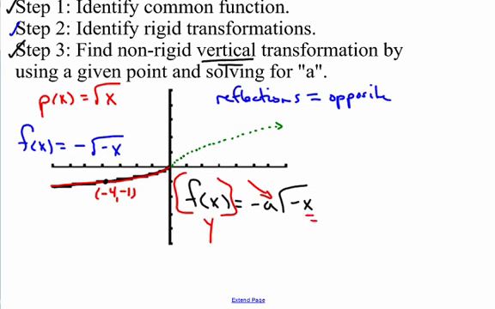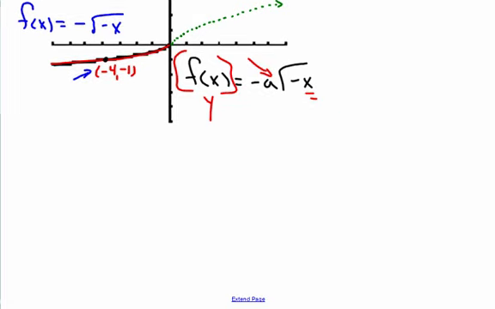In order to do that, we're going to take our point, which is given, and substitute that into the respective places. So we're going to take -1 and put that in for f of x, and take -4 and plug that in for x, and we're going to solve for a.